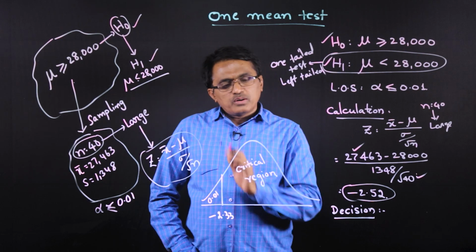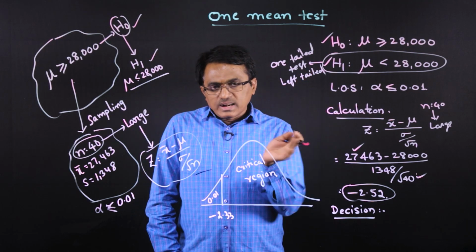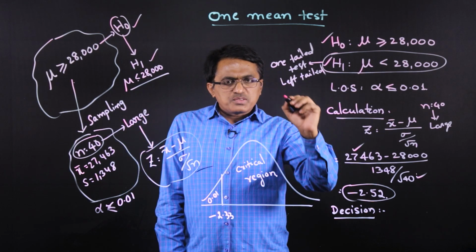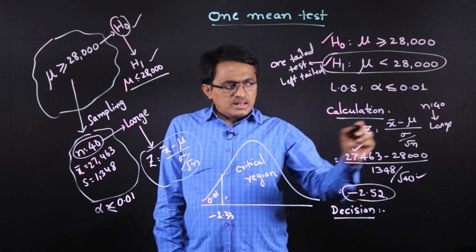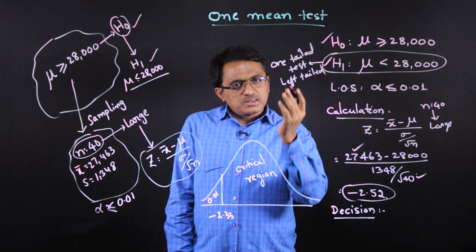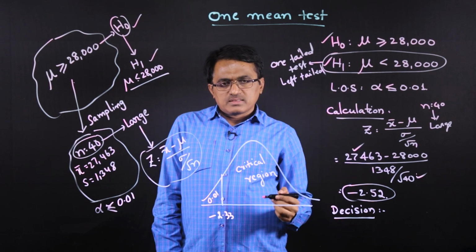Next, for the given scenario, we have to see what the critical region is. First we have to see whether it is a one tail test or two tail test, next what is the size of the sample, that means what distribution we are going to use, and then what is the level of significance.